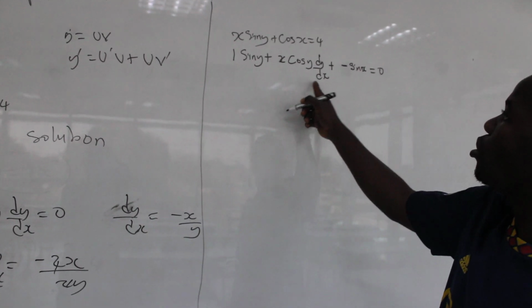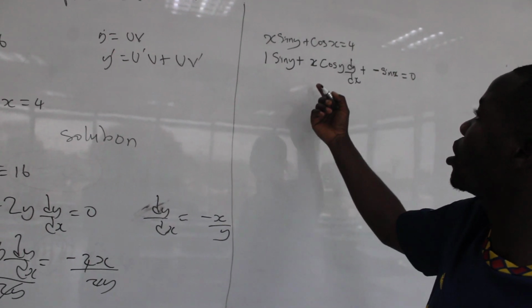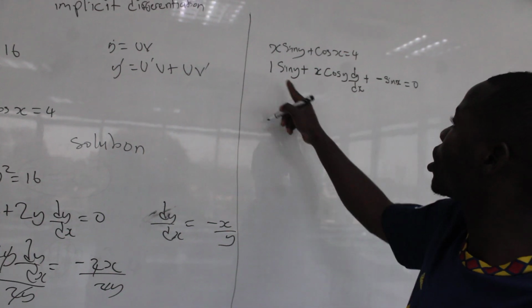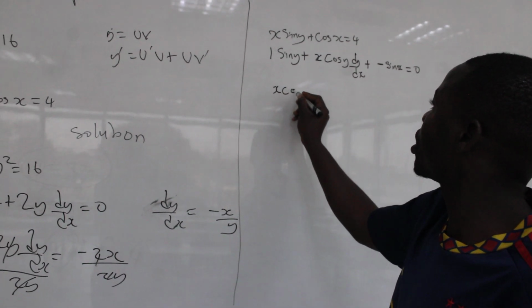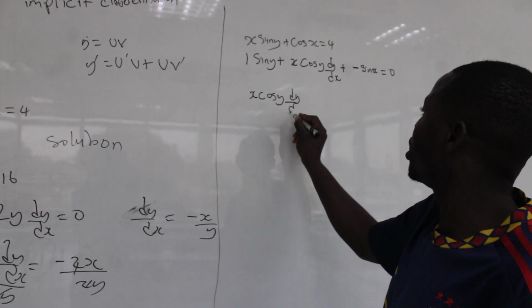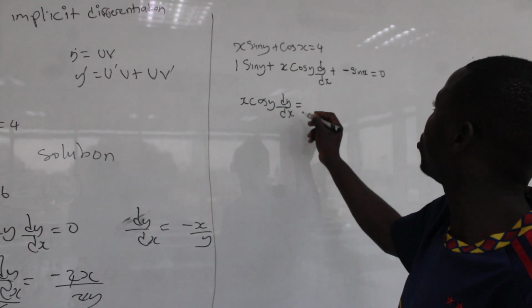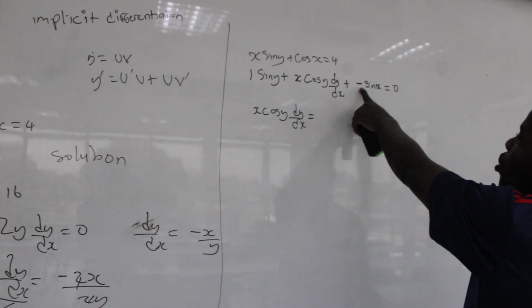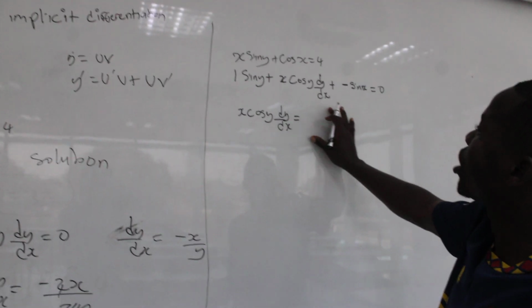So now we are looking for dy/dx. This will cross the equals sign. You know that this is 1 times sine y, which is the same as sine y. This one will give you x cos y dy/dx. Those terms which don't have dy/dx are going to cross the equals sign.